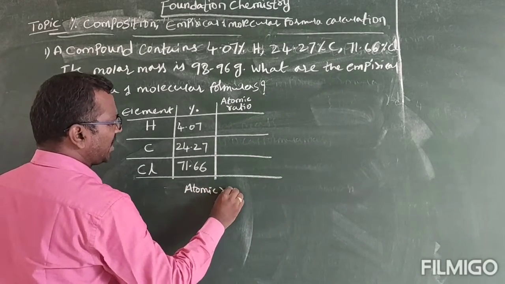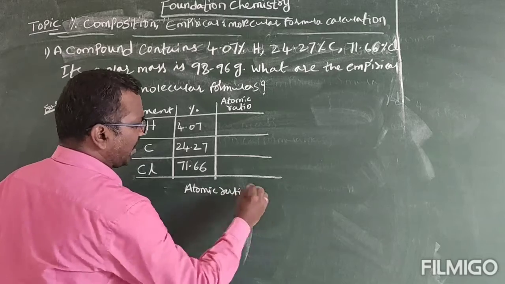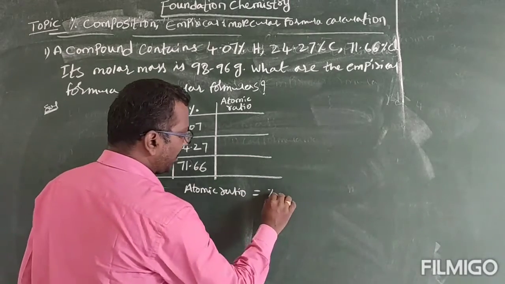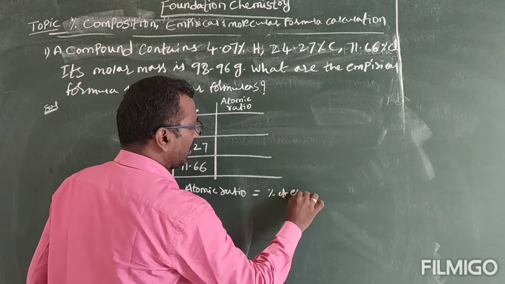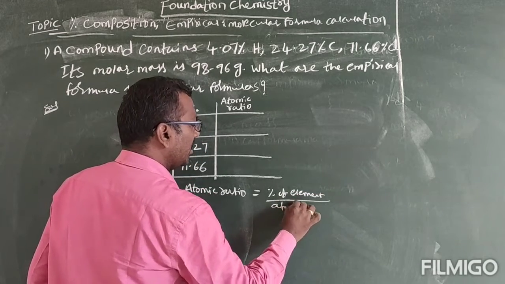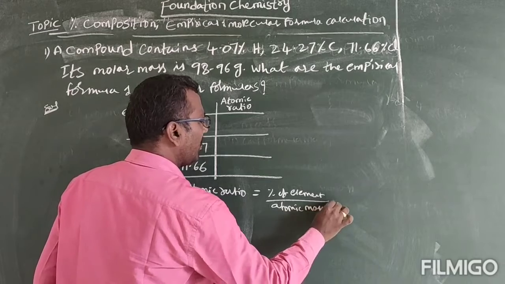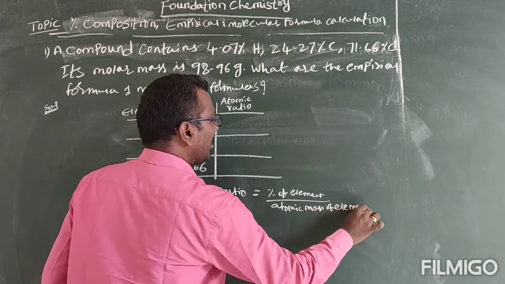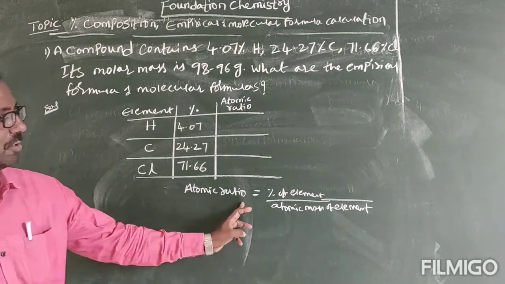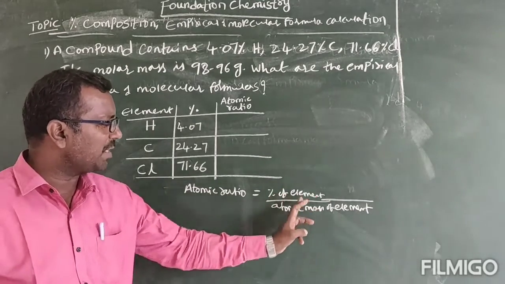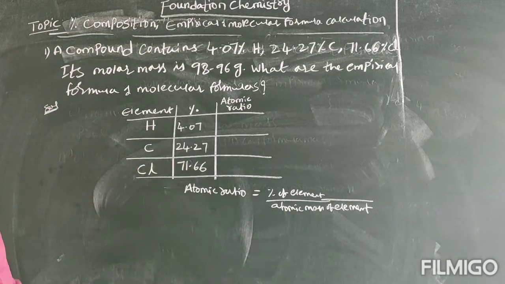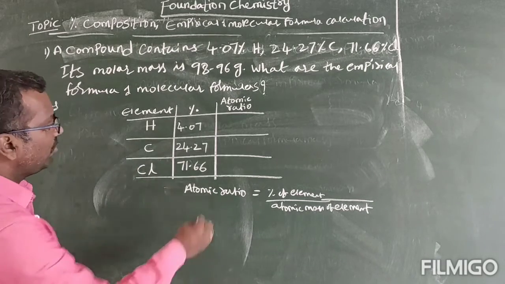The atomic ratio is nothing but the percentage of the element divided by the atomic mass of the element. Then you will get the ratio. Okay. How?